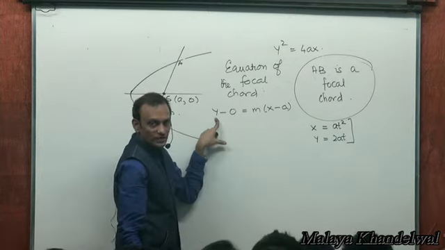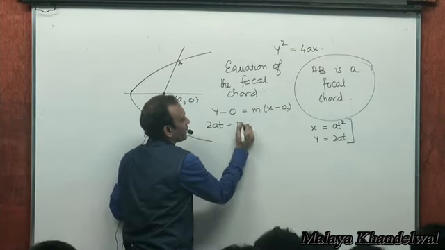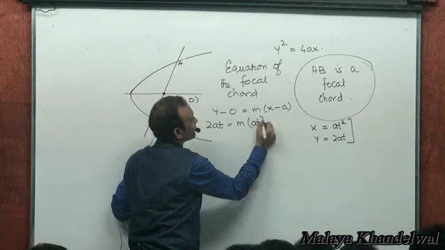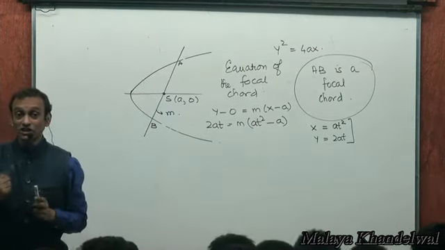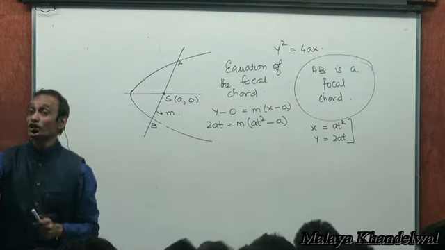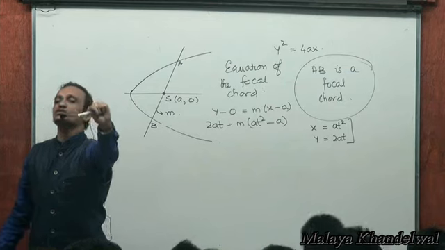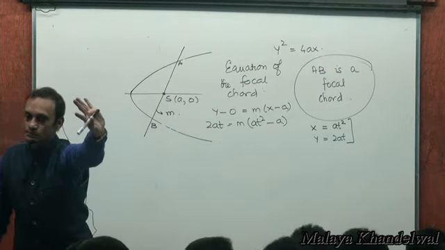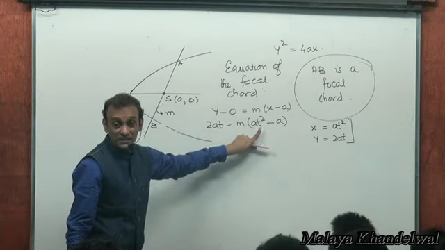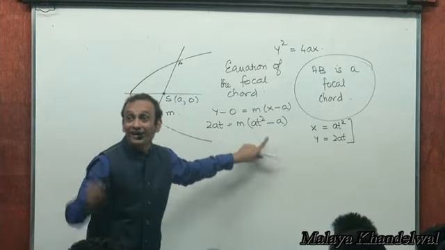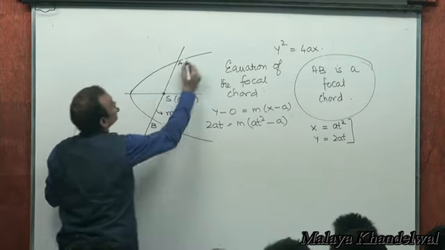So now plug in y equal to 2at, x equal to at squared. I get two values of t. These are the t's of the intersection between the parabola and the focal chord. Are you convinced completely about this? The two values of t that I get would be t1 and t2, which would be roots of this.